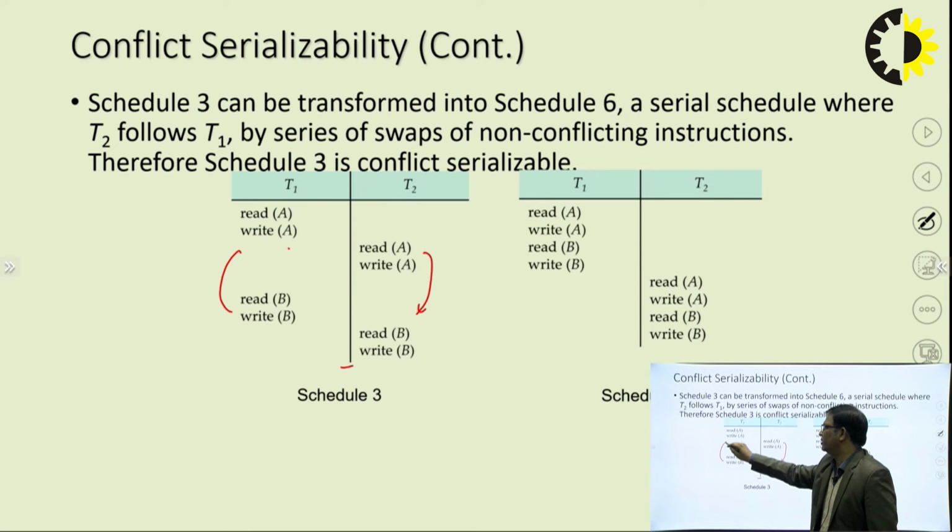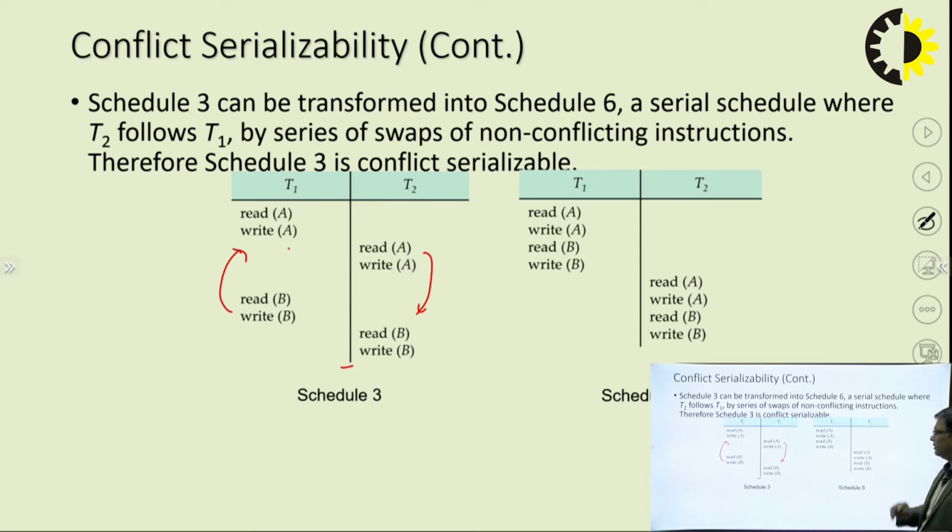Just do this one and make it this. The final answer of T1 and T2 remains the same, but the schedule has been changed. This is serializable and this is a serial schedule. So these are conflict equivalent schedules, schedule 3 and schedule 6.